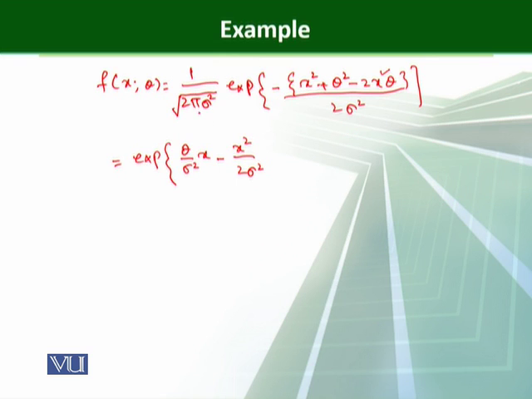Next, taking this term inside the exponential, we take its log, so that is basically minus log square root of 2 pi sigma square, and then minus theta square over 2 sigma square.